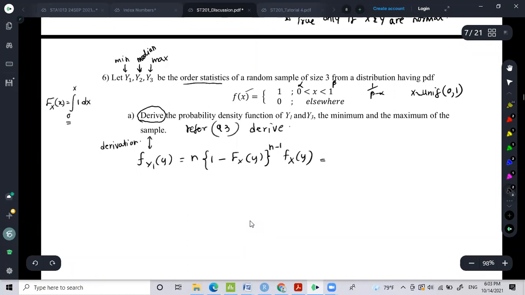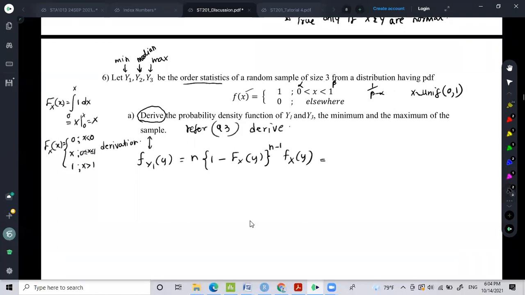So that will be just x, right? That will be just x, from 0 to x. If you write it in the proper manner, this is how you have to write it. It is 0 when x is less than 0, x in between 0 and 1, and 1 when x is greater than 1. So this is our CDF.